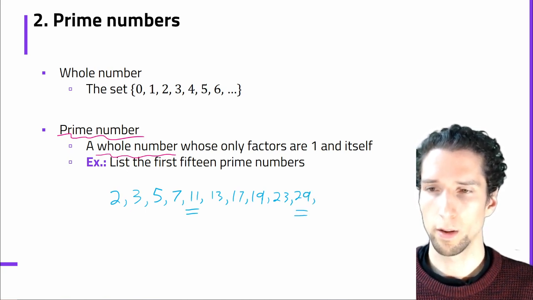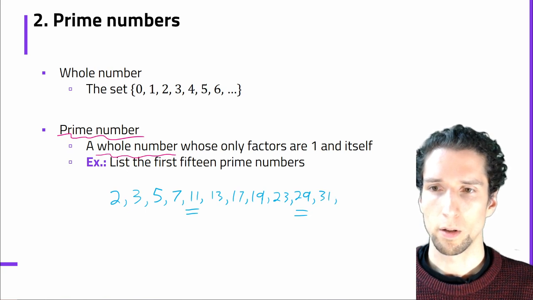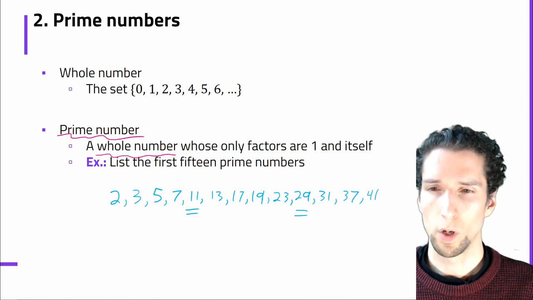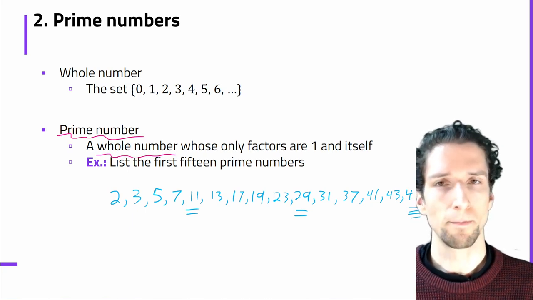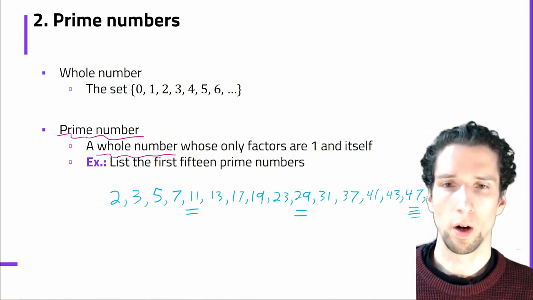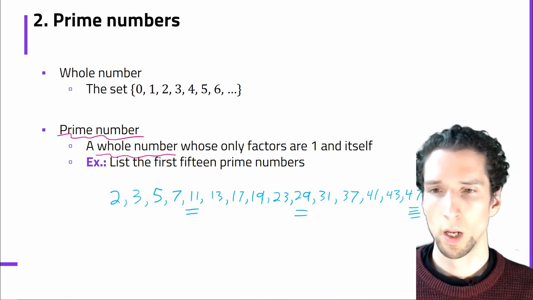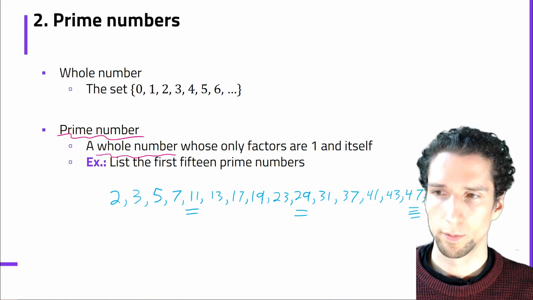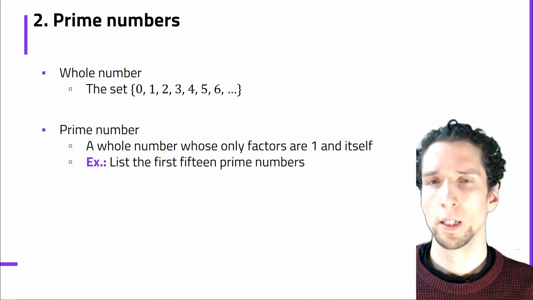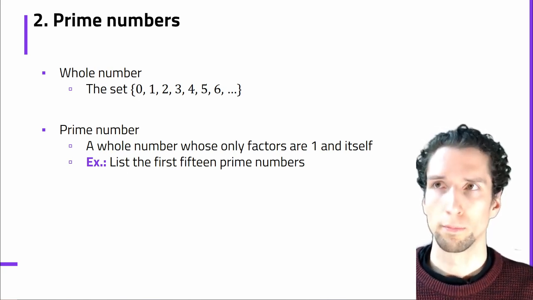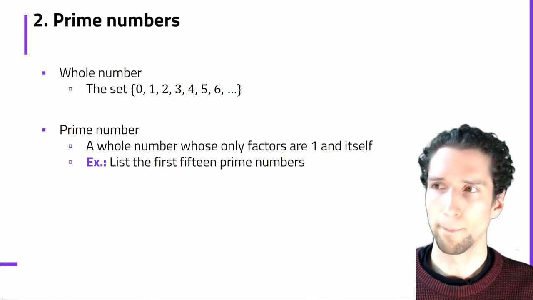Okay, that's 10 of them. 31, 37, 41, yes. 43 and 47. Okay, there's 15, and these go on forever. There are an infinite number of prime numbers, but having the first 5, or first 10, at least, memorized is very useful when looking for factors, which is what we're talking about today.